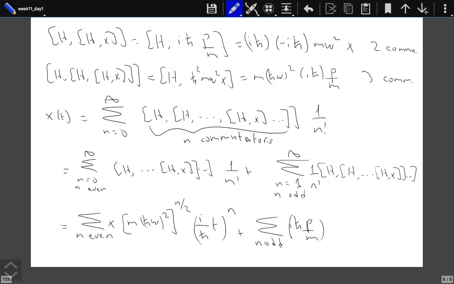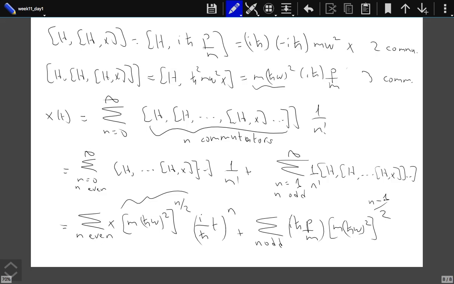Now, if I increase the number of commutators by 2, that is, if I go from 1 to 3, let's say I acquire m h bar omega squared. Well, basically this term over there. Now this time, if n is 1, it should be something like n minus 1 over 2, so that for n equal 1 I shouldn't have that term.